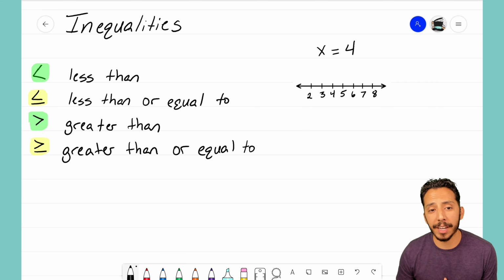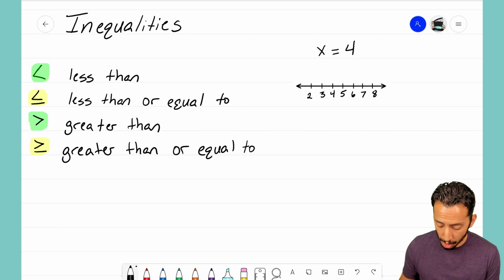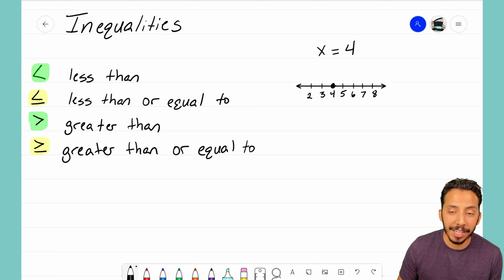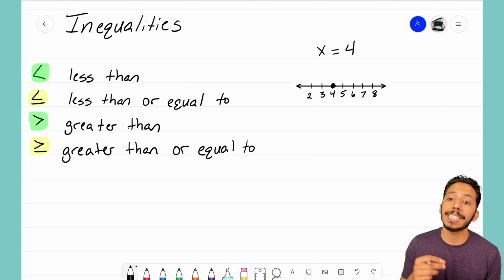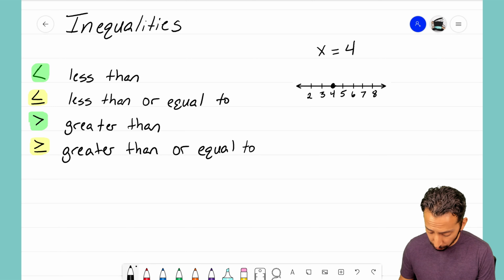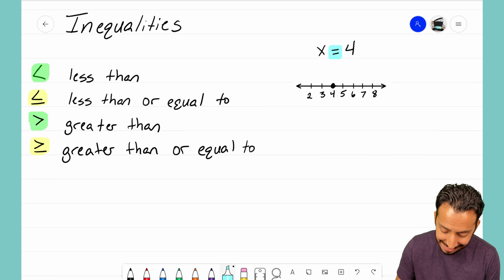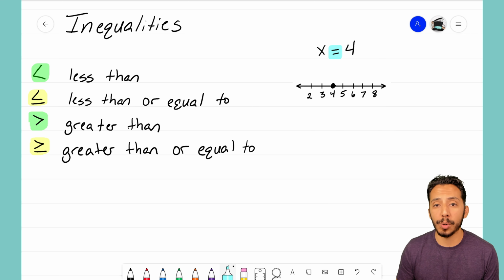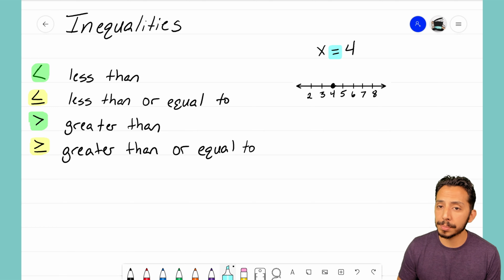If x equals 4, we know that we're going to put a dot right there on 4, and that shows you that x equals 4. Now that's an equation. We call that an equation because it has an equal sign. The word equation comes from that word equal. What we're dealing with over here are inequalities, things that aren't equal to. And that's what we're going to be focusing on as we introduce this concept to you.